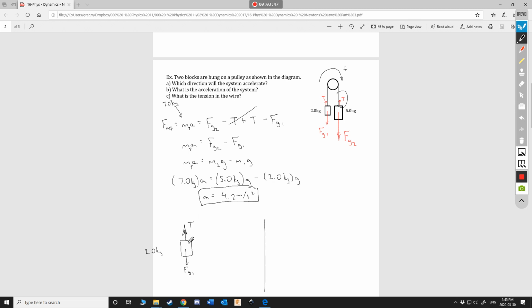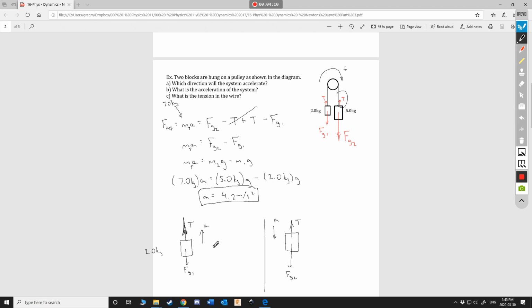I should actually be drawing that tension force bigger than Fg1 because this block is accelerating upwards. Fg2 on the other hand is accelerating downwards. It doesn't matter which one we do. If I looked at the other one, it'd be Fg2, and there's my tension going up. For this one, the acceleration is up. For this one, the acceleration is down.